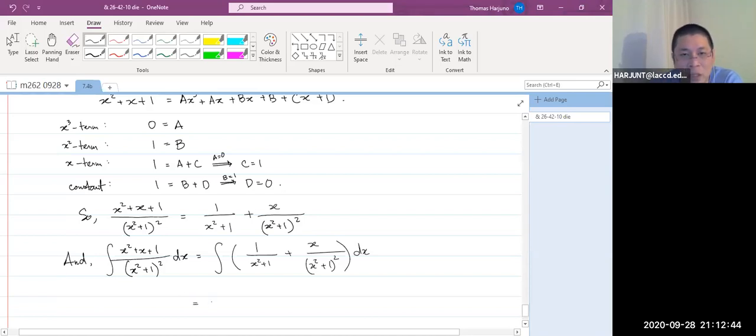This is tangent inverse of x. Okay, the one here, if I use u substitution, u equals x squared plus 1, so du is 2x dx. So this is plus 1/2 integral u to the power of negative 2 du.